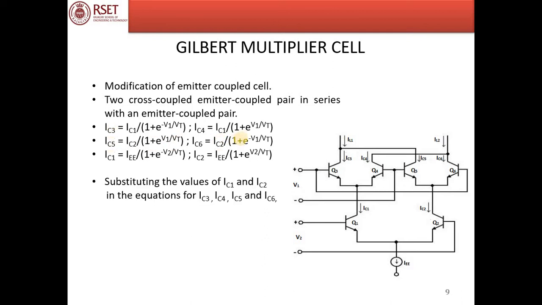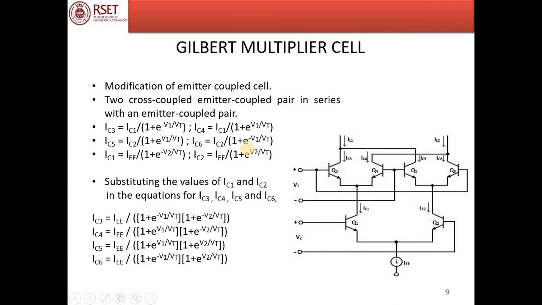That is, we are substituting the values of IC1 and IC2 in the equations for IC3, IC4, IC5 and IC6. Here instead of IC1 we are substituting this equation, and here instead of IC2 we are substituting these equations. We get these four equations.